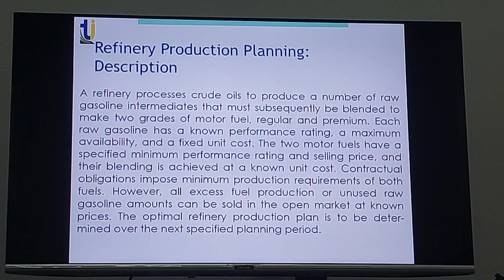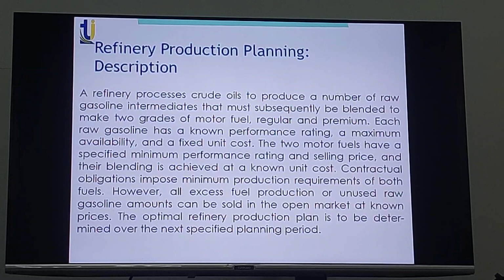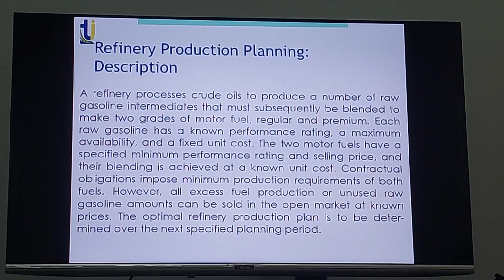Each raw gasoline has a known performance rating, has different characteristics, in this case performance rating, a maximum availability, the capacity or how many do they have, and a fixed cost, a different cost in processing those.